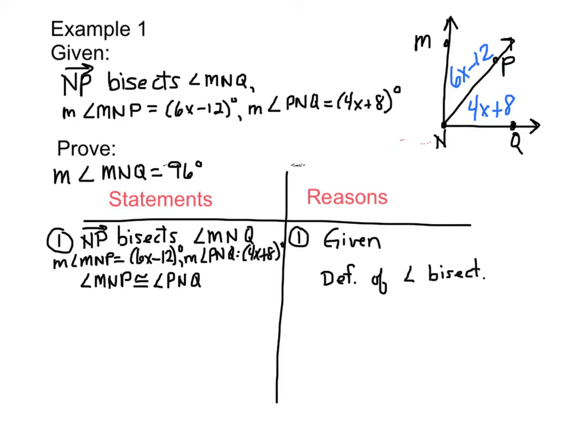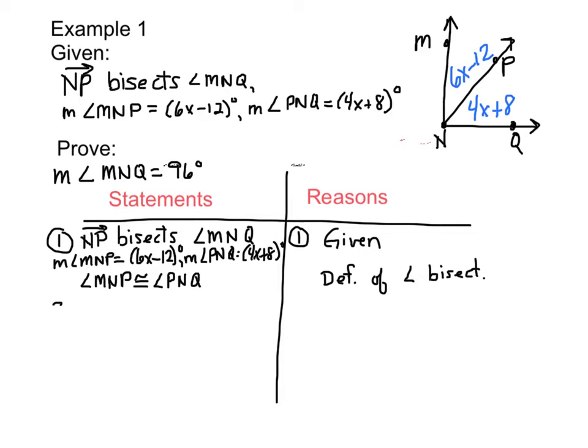And we can abbreviate. What did the definition of angle bisector say? It said that an angle bisector is a ray or a segment or something that cuts an angle into two congruent pieces. Notice I didn't say equal. We said congruent because that's what the definition states. This is why you need to know your definitions. If you don't know your definitions and postulates, this is hard.